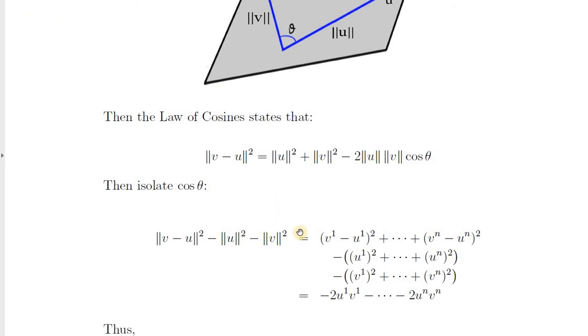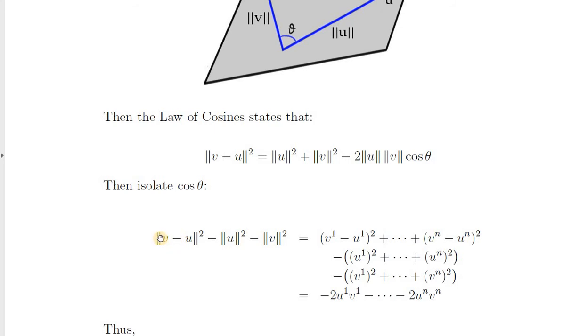And now we do some algebra, and this is a little bit confusing because we're using superscripts for the vector components, and we are also using a superscript for the square. So the superscript outside of the parenthesis is the square. If you write this out algebraically, we have the length squared of v minus u, which is just the sum of the squares of the individual components of v minus u.